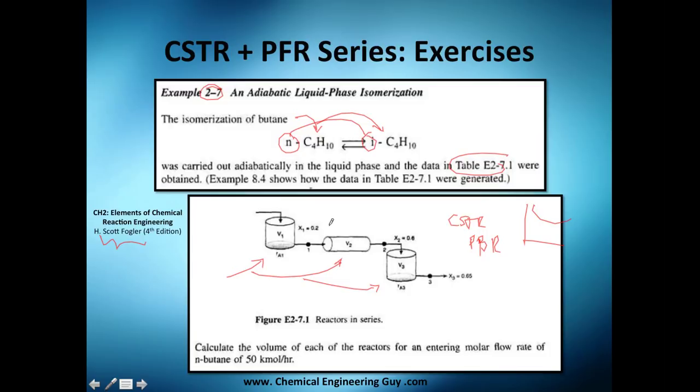But they give you not only the arrangement but the conversions they want after each one. You can see the first one goes from 0 to 20, the second one goes from 20 to 60, and the last one goes from 60 to 65. And they tell you to calculate it for a flow of 50 kilomoles per hour.